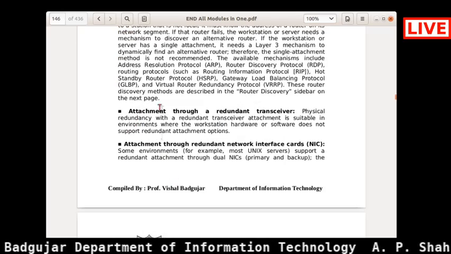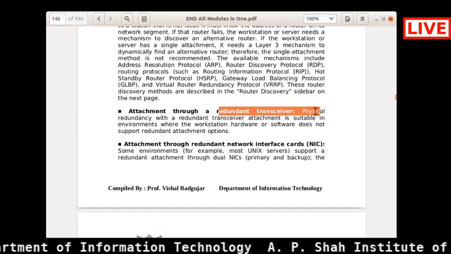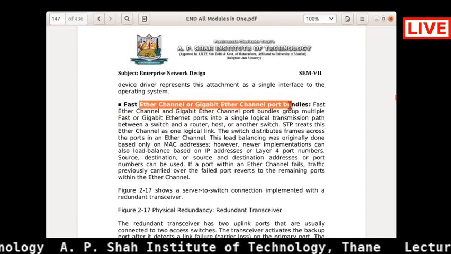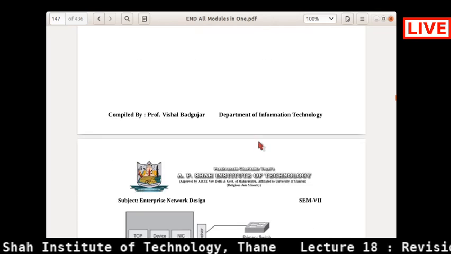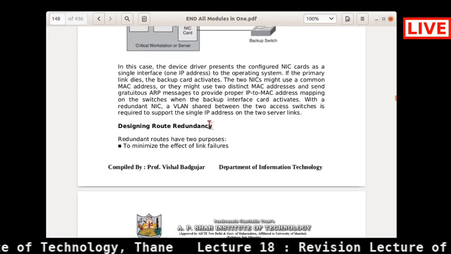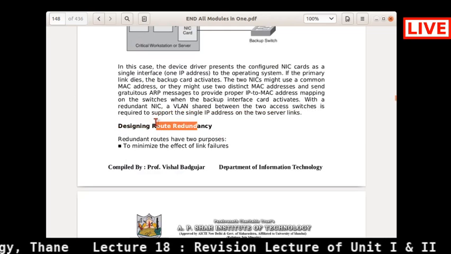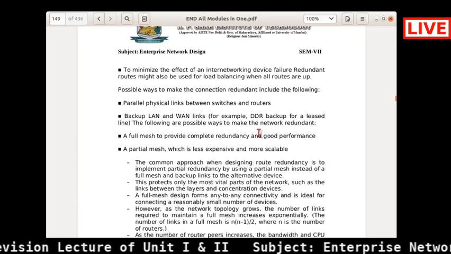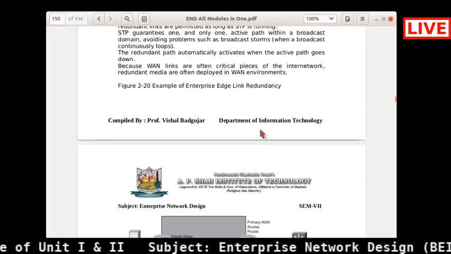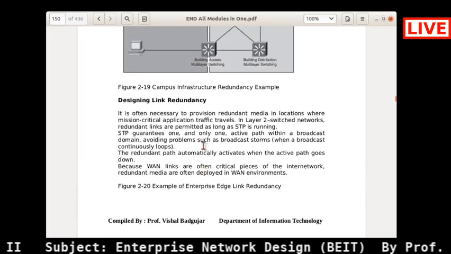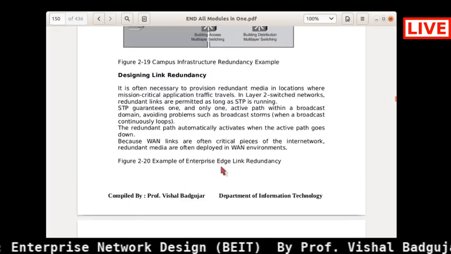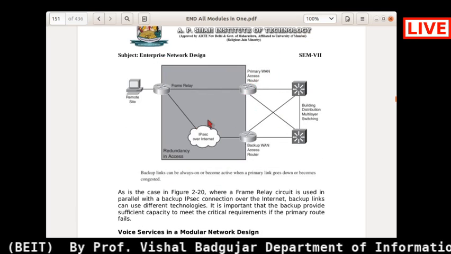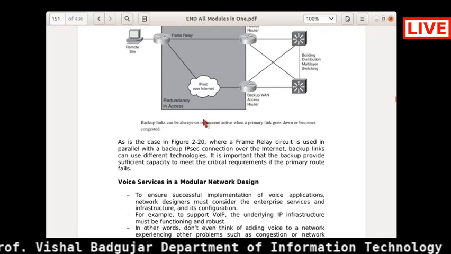You need to use a redundant transceiver, redundant NIC card, and Fast EtherChannel or a bundle. Then you need route redundancy, port redundancy, link redundancy, and power redundancy can also be a part. From all these diagrams you come to know how this redundancy can be useful in each and every part of the network, right?